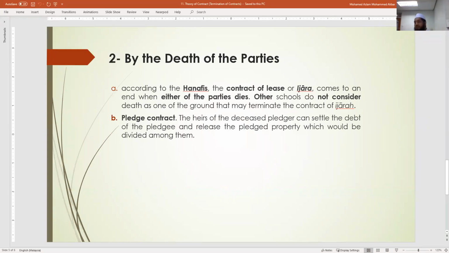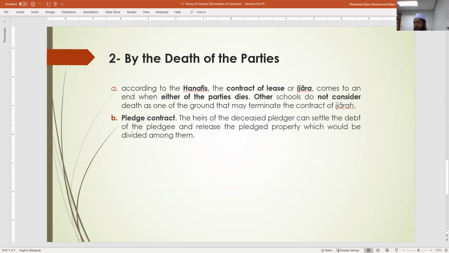Also, it goes to the pledge contract, rahnu. The heirs of the deceased pledger can settle the debt of the pledgee and release the pledged property, which would be divided among them. I don't think the second one has different opinions.